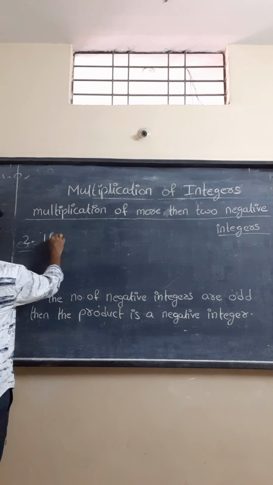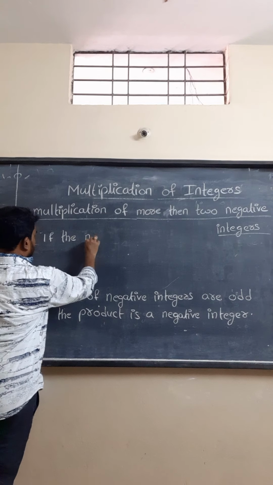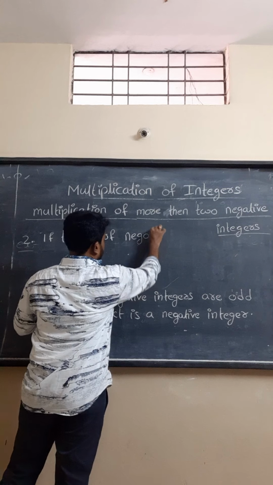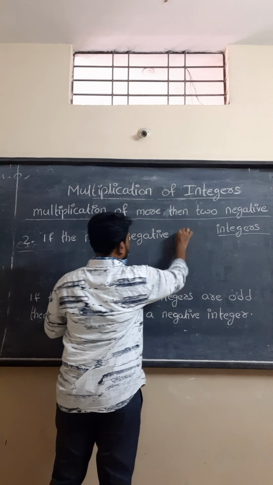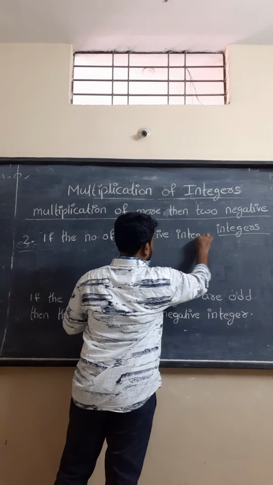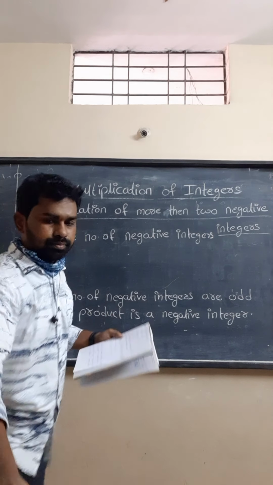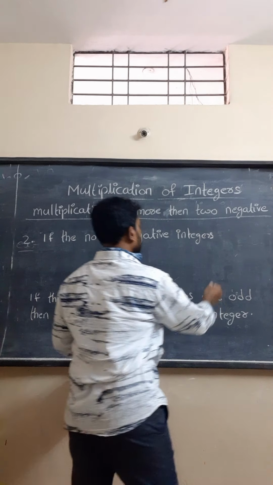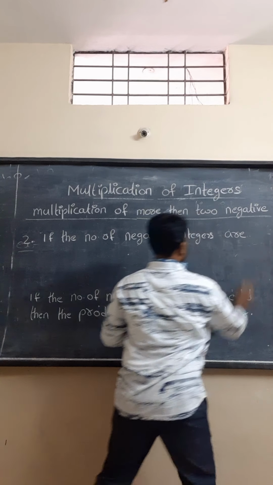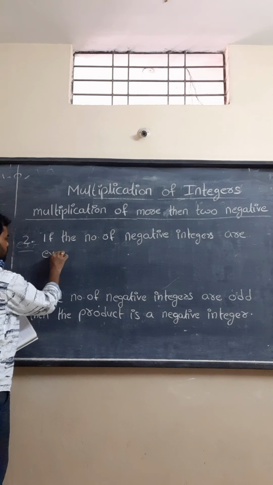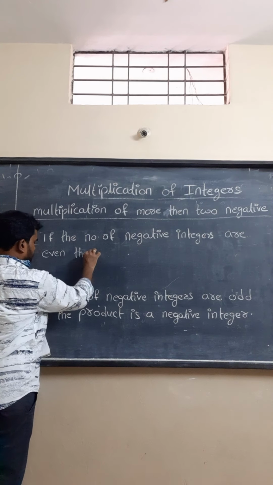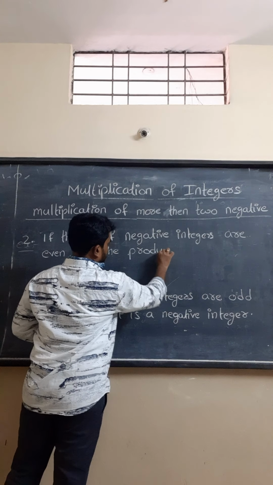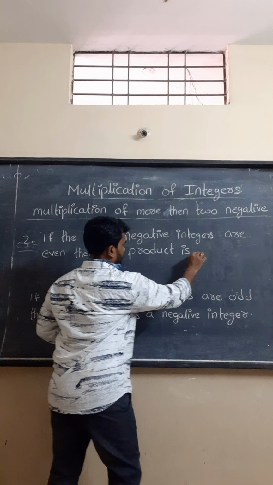If the number of negative integers are even, then the product is a positive integer.